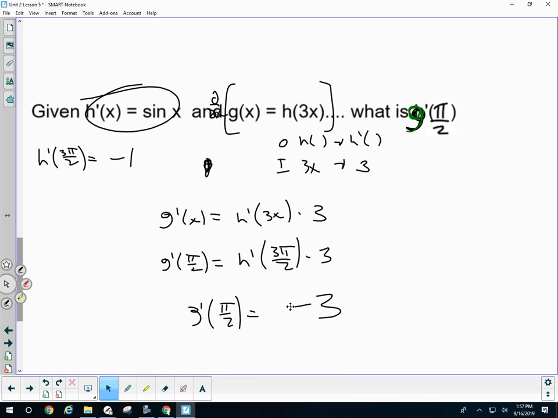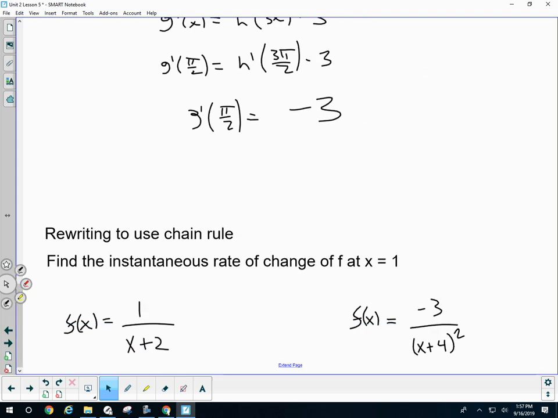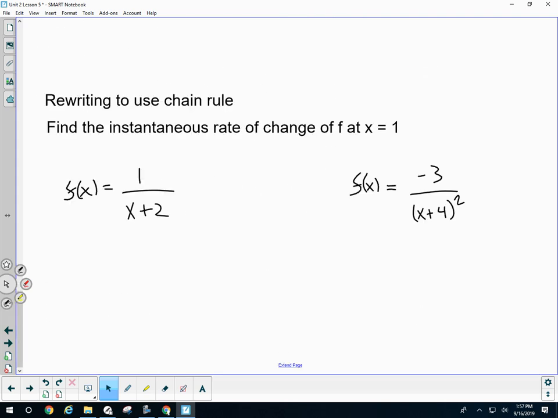Last thing I want you to be aware of that is very helpful in certain cases is understanding that in certain situations, it's actually advantageous of us to rewrite things so that we don't have a quotient. Like x plus 2 to the negative first.